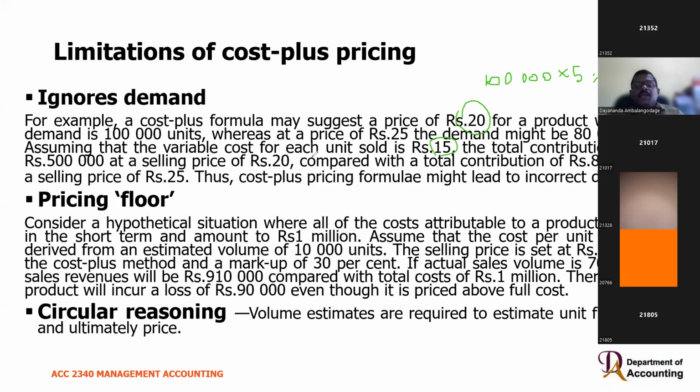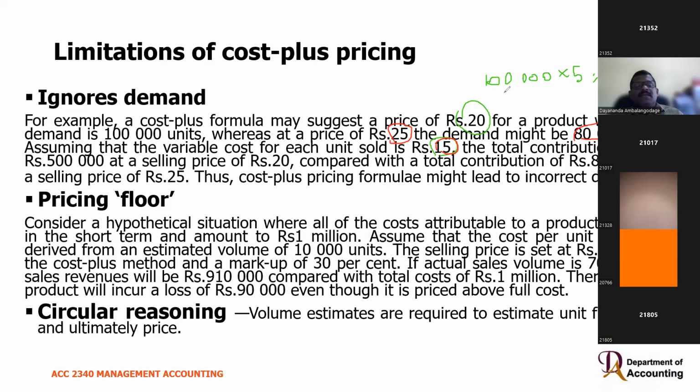But if your selling price is now 25, then of course unit sales would be 80, right? And the variable cost remains the same. Then the difference is 10 rupees.